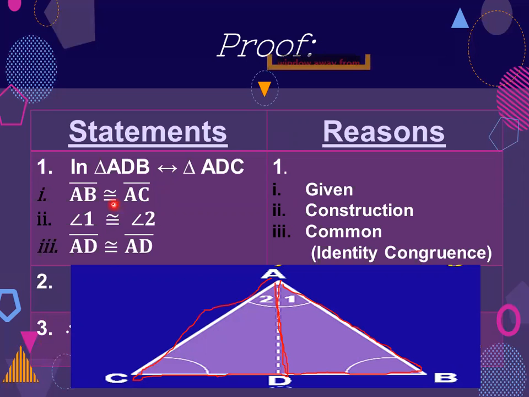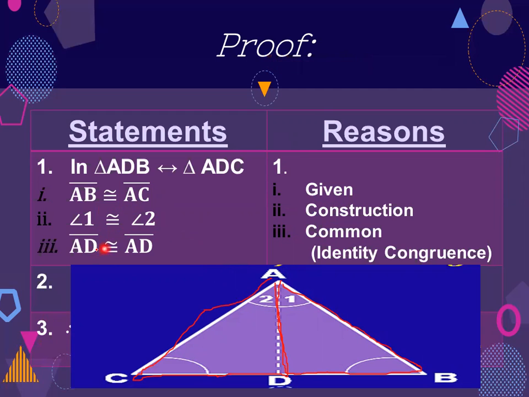Which sides are congruent? AB is congruent to AC. This is side AB, and this is side AC. AB is congruent to AC, and this is given to you. Also, what you have constructed, angle 1, will be congruent to angle 2. This is our construction.